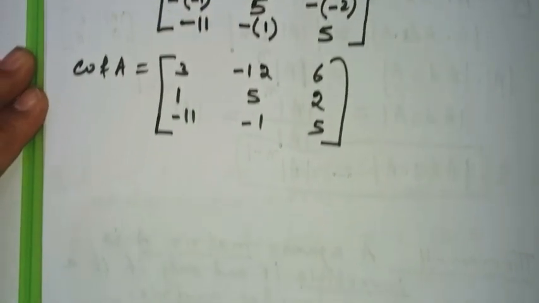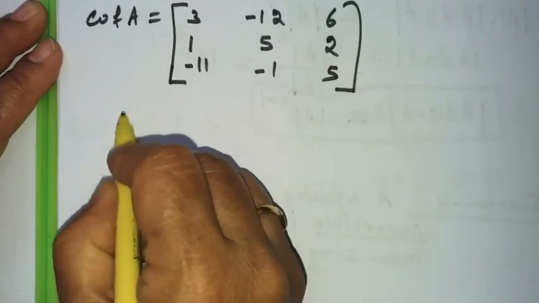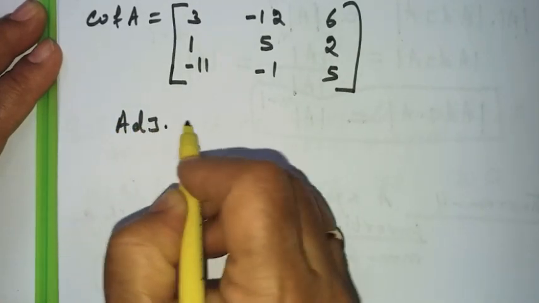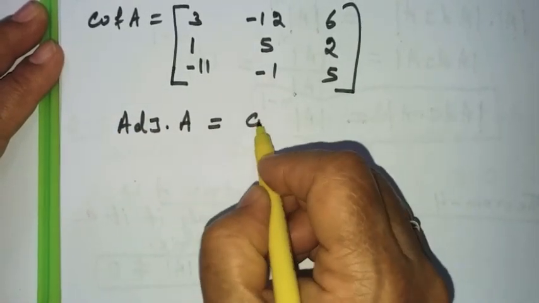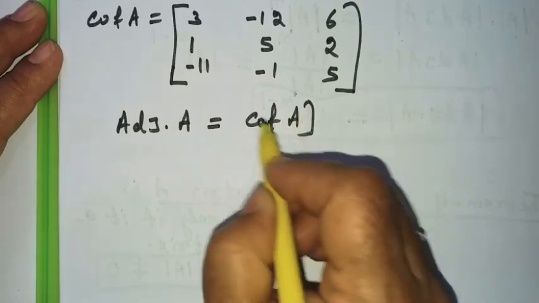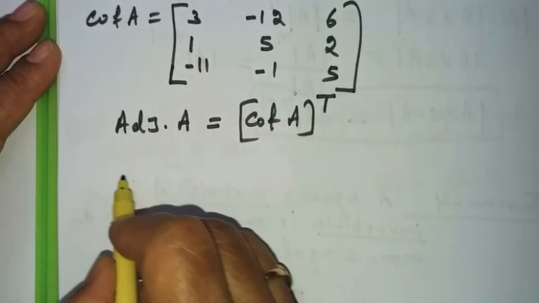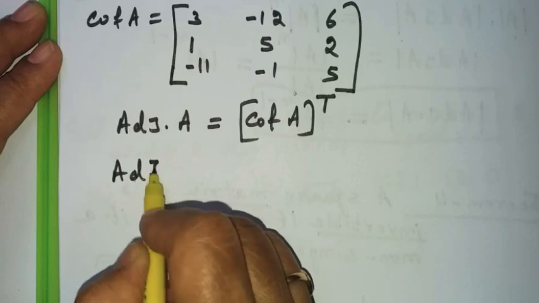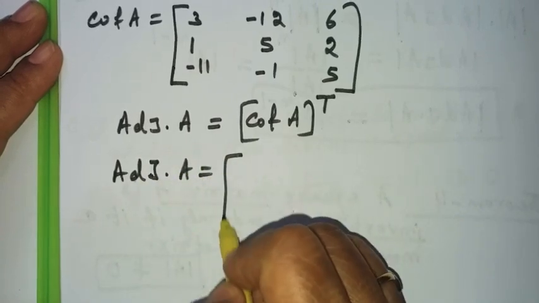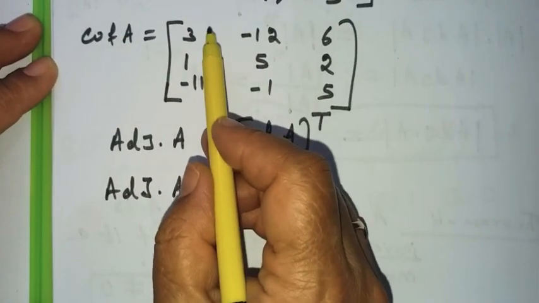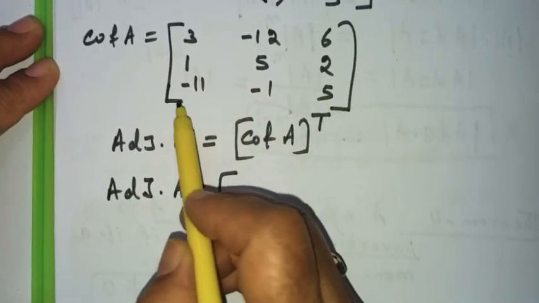Now I have to write the adjoint of the matrix A, and I have already explained to you that the adjoint of the matrix A is nothing but the transpose of the cofactor matrix. So to find the adjoint of matrix A, I take the transpose of the cofactor matrix.